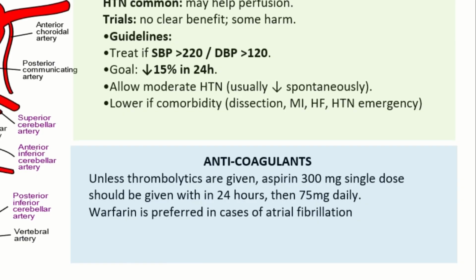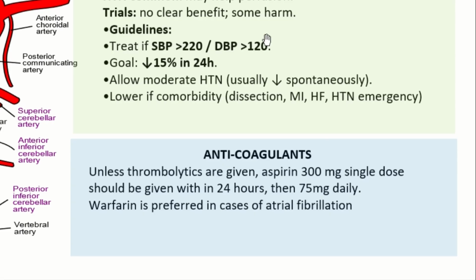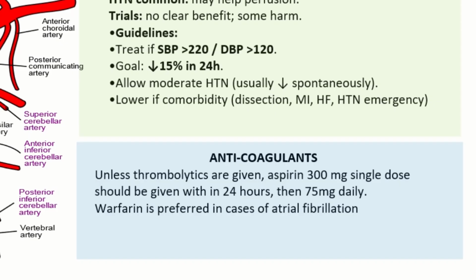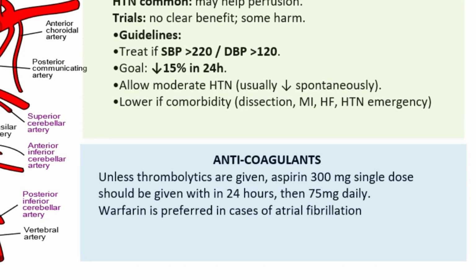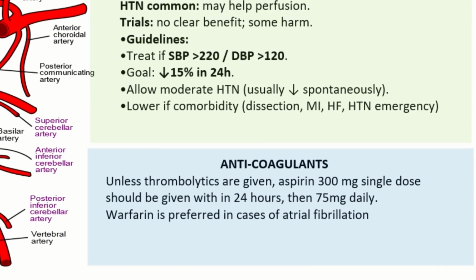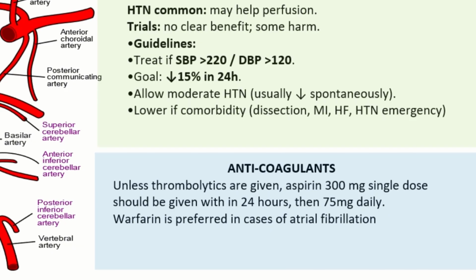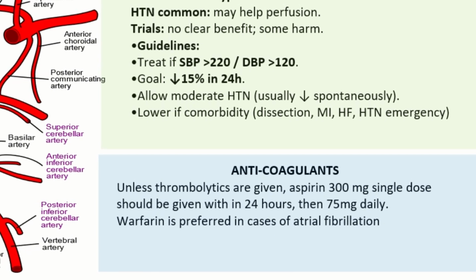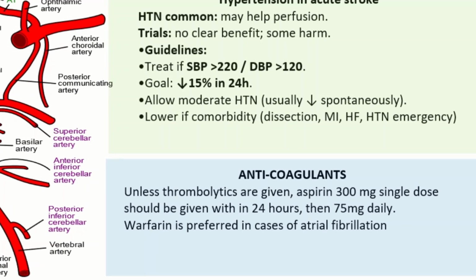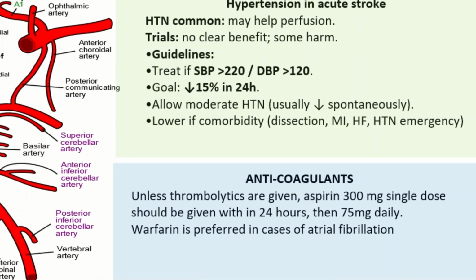Then we have the role of antiplatelets and anticoagulants. So most of these patients, we are going to give them medication for an extended period of time to prevent recurrence of this stroke. So unless thrombolytics are given, we start with giving aspirin, a single dose of 300 milligrams, and then we continue giving 75 milligrams daily for the long-term period.